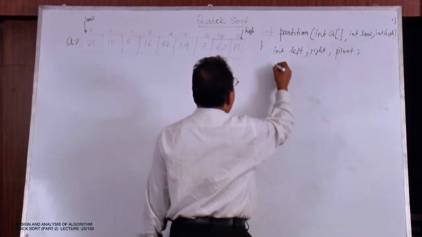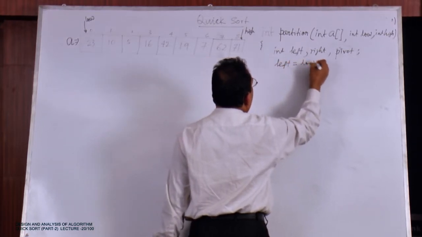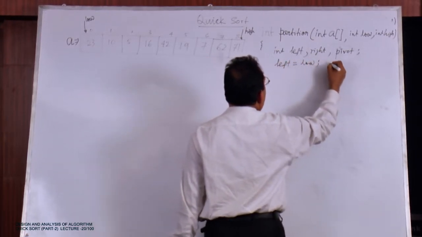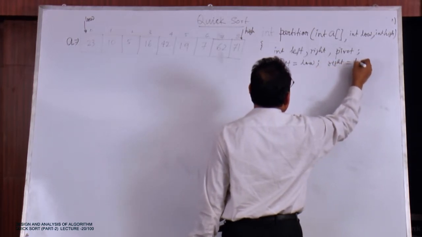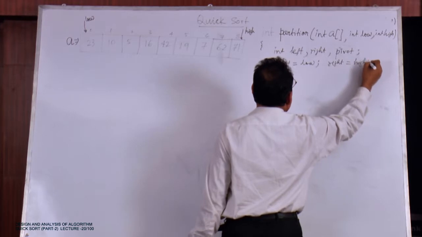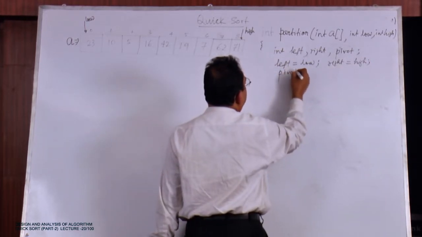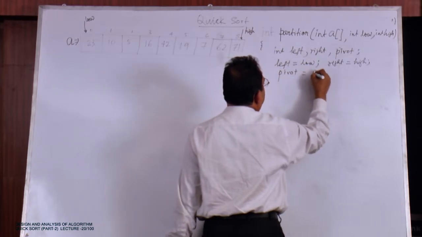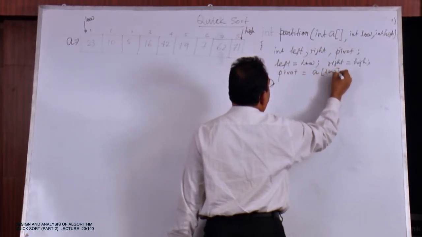Left is initialized with low and right is initialized with high, and the pivot element is initially considered as the first element, that is A of low.